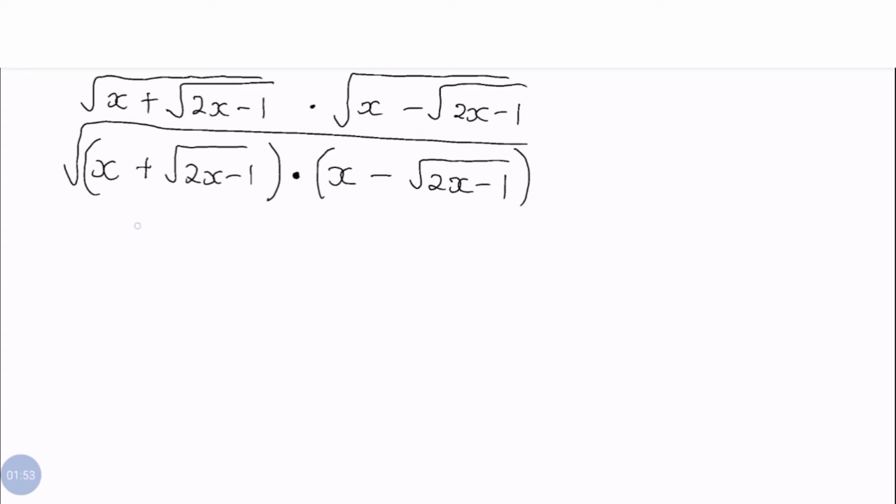So now let us simplify this. This is the same as root. Now this multiplied by this is x squared. x multiplied by negative root 2x minus 1. So we will have a negative sign here because it's a positive multiplied by a negative.